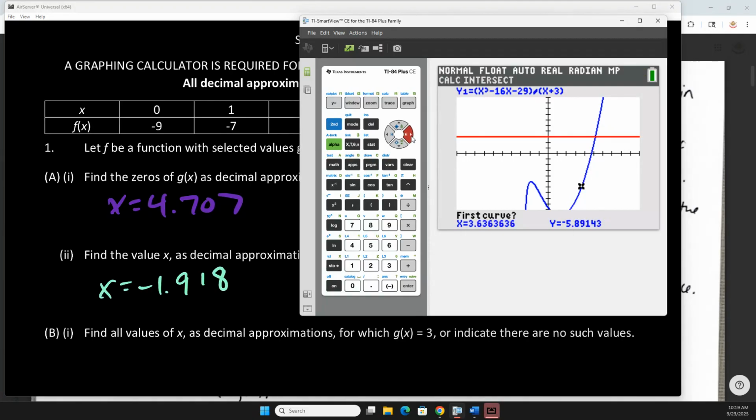Something weird must have happened in between there. All right, and then enter. In this case, you can either round or you can truncate. So that last number could be an 8 or that last number could be a 7. Both are perfectly fine.